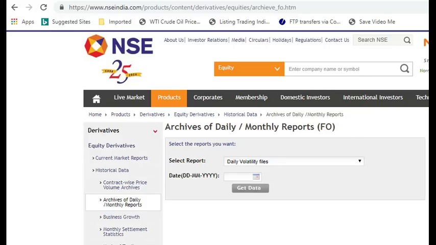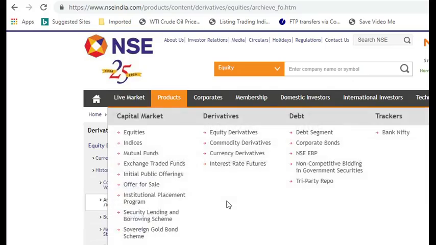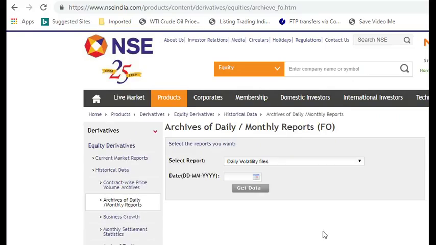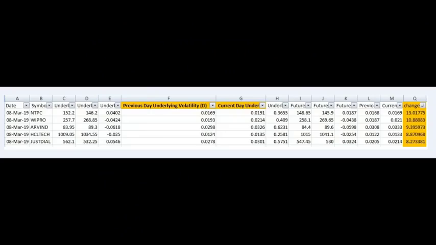The next list is the volatility gainers list. Many traders tend to ignore this list. Most people are focused on price gainers and volume gainers, but they don't look at volatility gainers. Once you download the volatility files, this is how the data looks. It will have the symbol, the previous day, the current day, all the data.